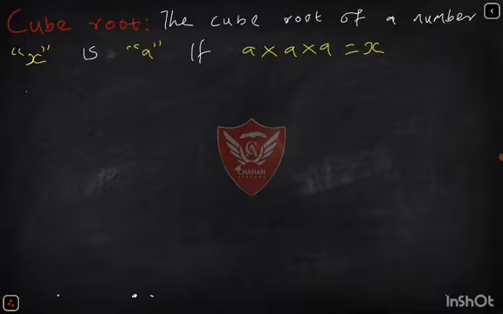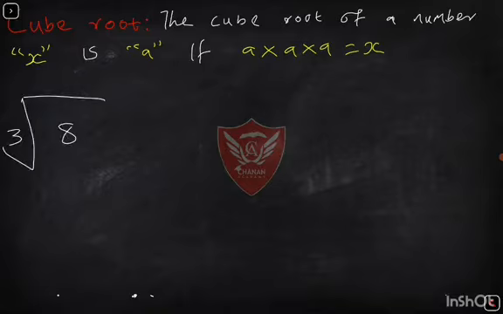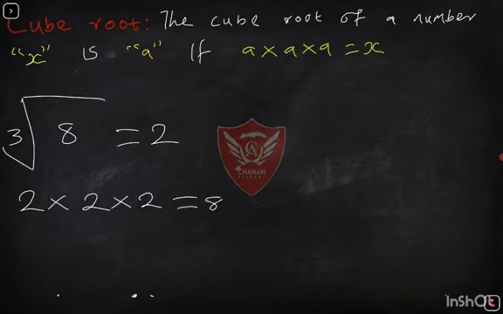Alright, so let's move on to the next. Cube root. The cube root of a number x is a if a multiplied by a multiplied by a is equal to x. So let's take an example. The cube root of 8 is equal to 2, because 2 multiplied by 2 multiplied by 2, the result is 8.